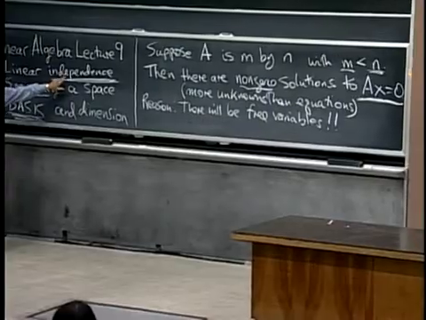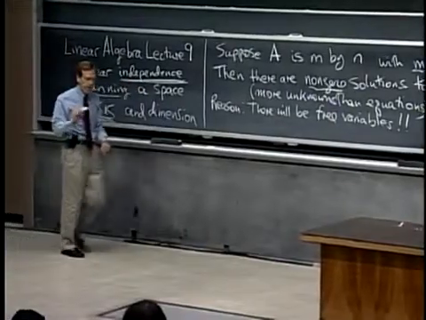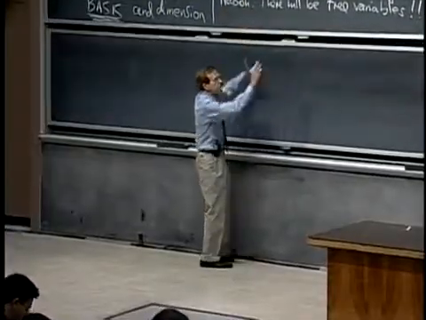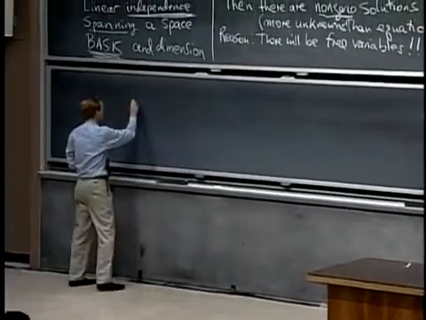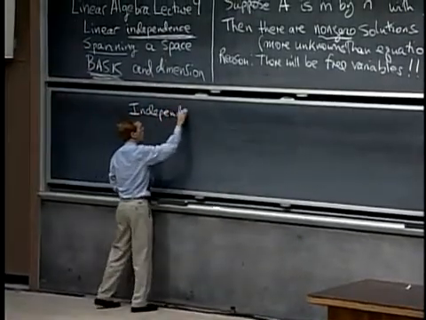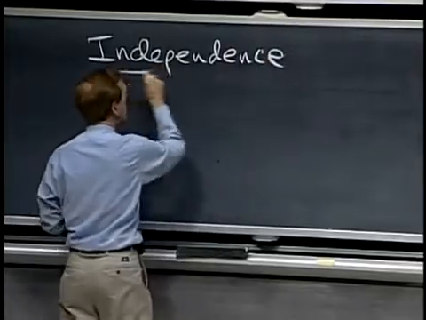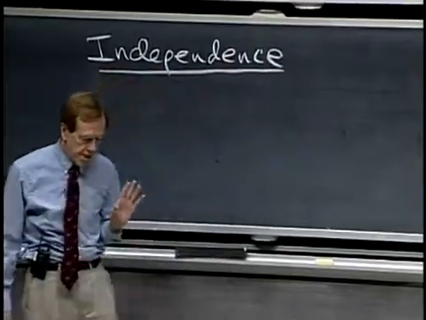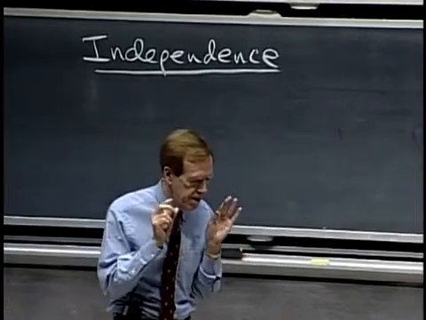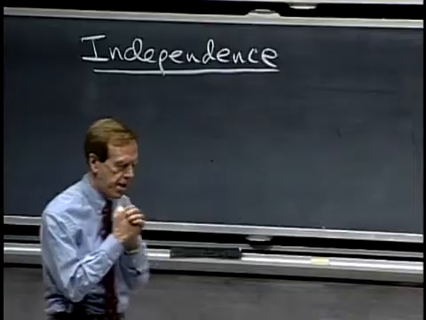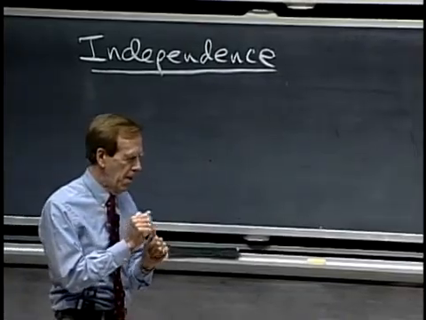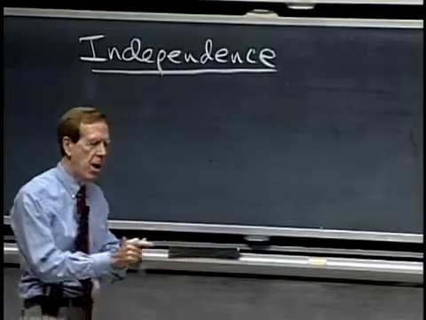So now I want to say, what does it mean for a bunch of vectors to be independent? Okay. So this is like the background that we know. Now I want to speak about independence. I can give you the abstract definition, and I will. But I would also like to give you the direct meaning.